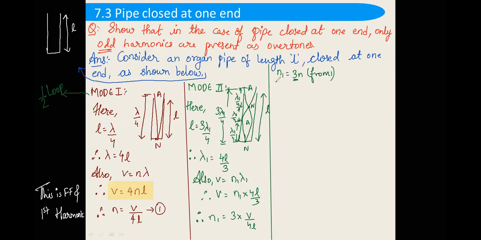What we are getting is 3n. So this is the third harmonic. You can observe that the second harmonic is not present. A frequency which is actually present after the fundamental frequency is called an overtone. So this is the third harmonic and first overtone, right? So I hope you understood this. Let us consider mode 3.